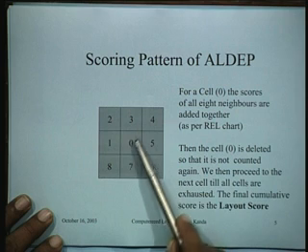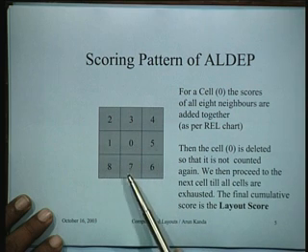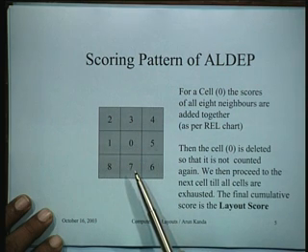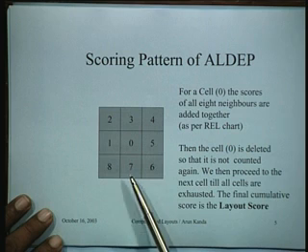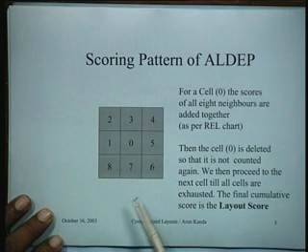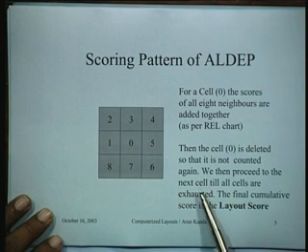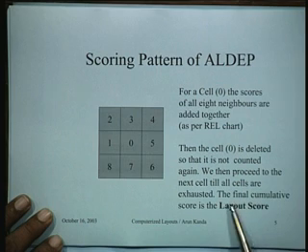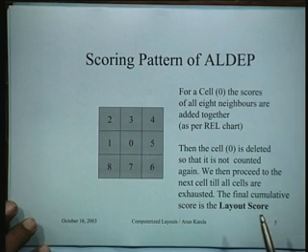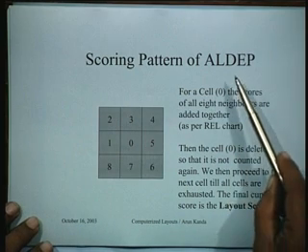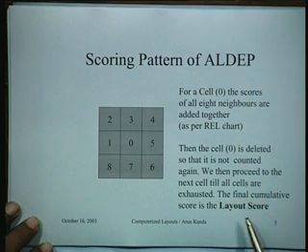So you can put a cross on cell 0 and go to the evaluation of the next cell, evaluate all the neighbors for that particular cell and keep on adding the values. We then proceed to the next cell till all cells are exhausted in the entire space, and the final cumulative score is the layout score. So this is the basic procedure by which ALDEP assigns a score to a layout.